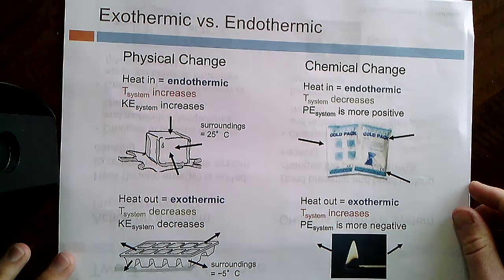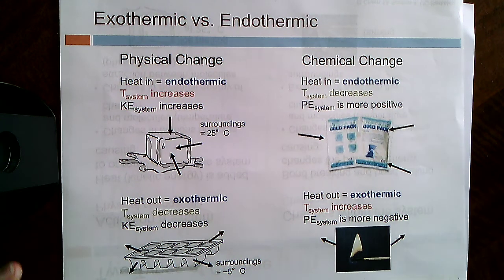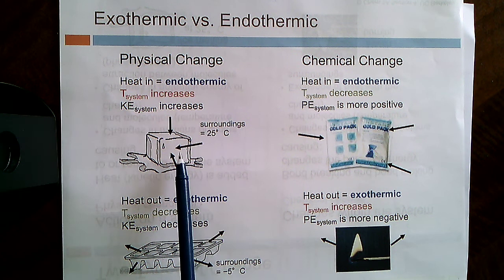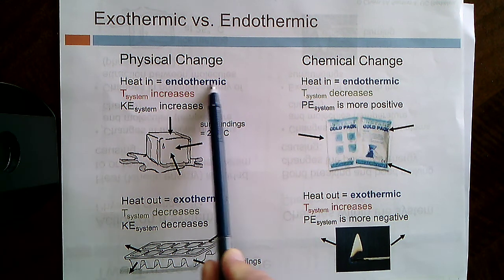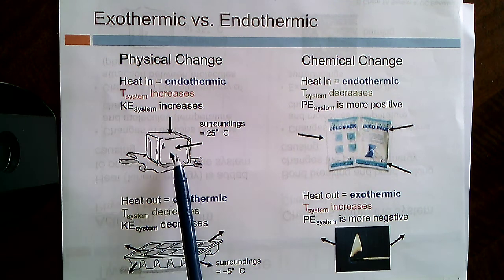And before we get there, I just want to define two sets of terms: endothermic and exothermic. So again, for physical changes, something like ice melting or water freezing, endothermic processes are those in which heat is going into the system.